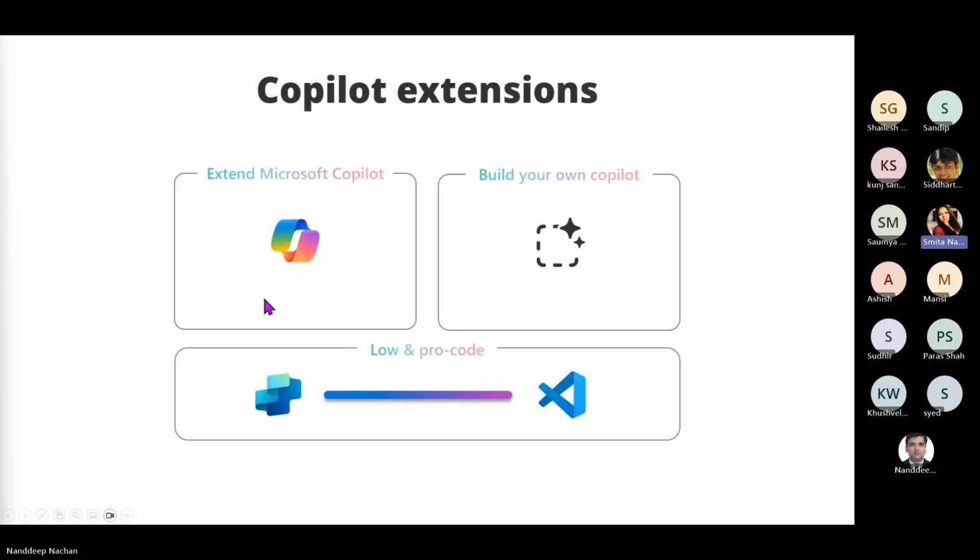Let's see how we can build our own Copilot. This option gives the developer the flexibility to create a tailored Copilot experience for specific applications, processes, or organizational needs. So organizations can build their custom Copilot from scratch, incorporating proprietary data and personalized AI models to meet specialized use cases.